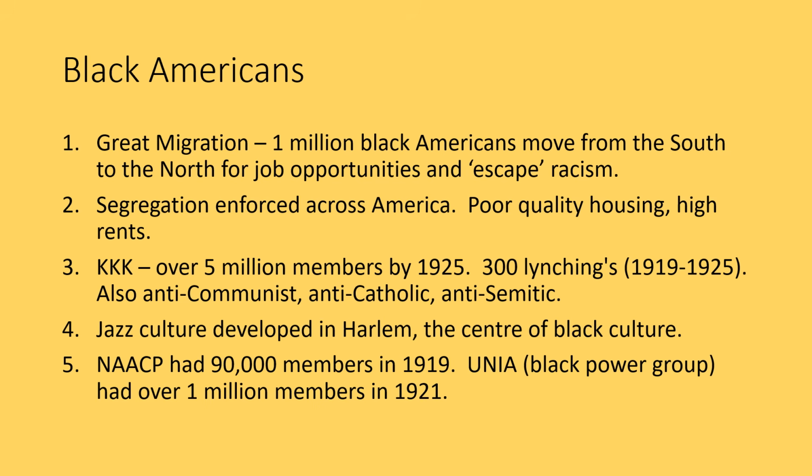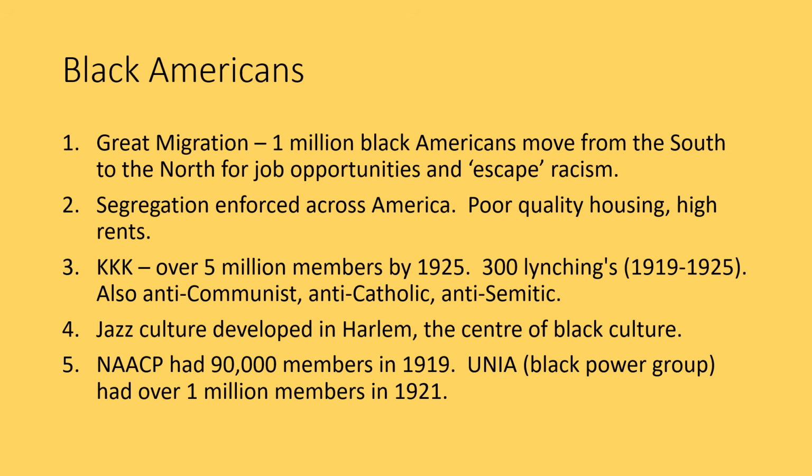Now, the 1920s is where we start to see the more common reference to groups which are set up to help Black Americans try and achieve some kind of equality. The first and most famous group, and a group that you'll hear of quite a bit in your study with Black Americans, especially when we get into the 1950s, is the NAACP, the National Association for the Advancement of Coloured Peoples.